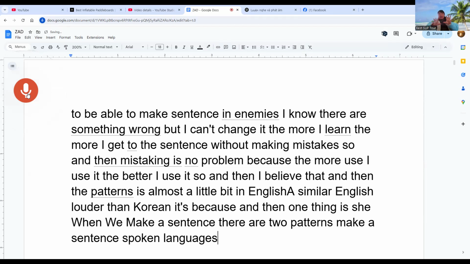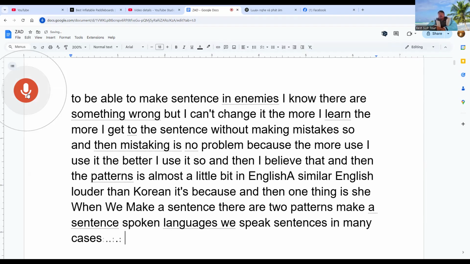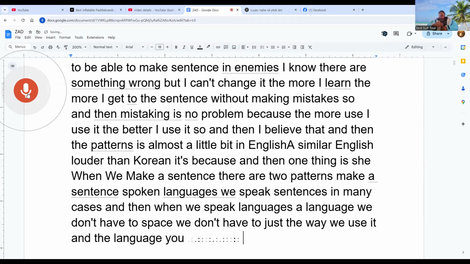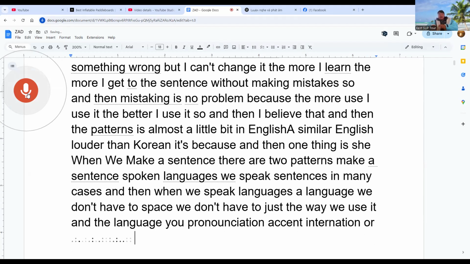We speak sentences in many cases, and when we speak, we don't have to think about spaces. We use pronunciation, accent, intonation, or a combination in the sentences. This is very important.